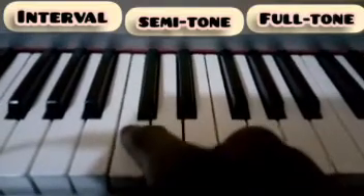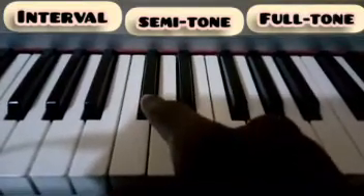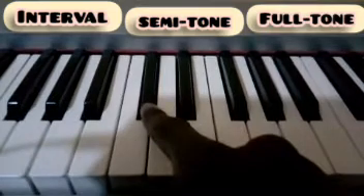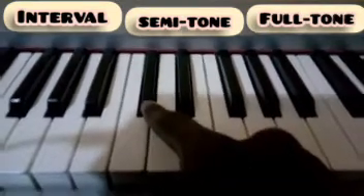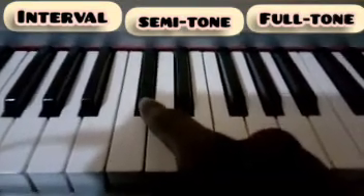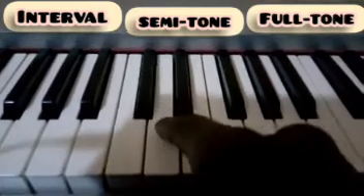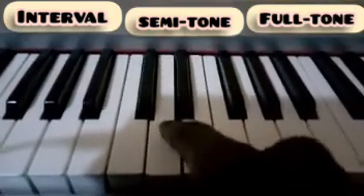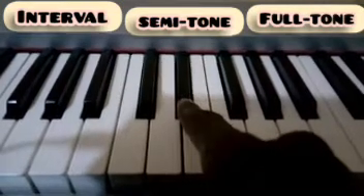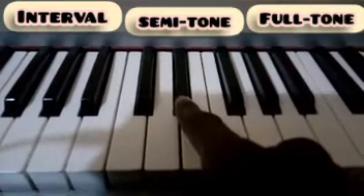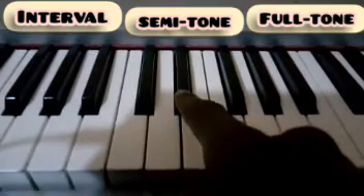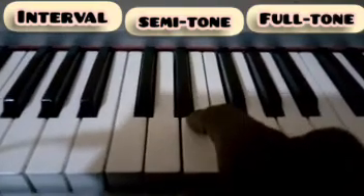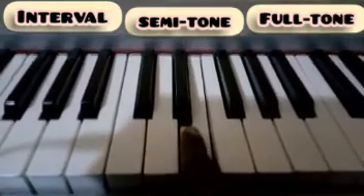Now from C to C sharp is a semitone. Likewise from C sharp to D is a semitone. Likewise from D to D sharp is a semitone. Likewise from D sharp to E is a semitone.